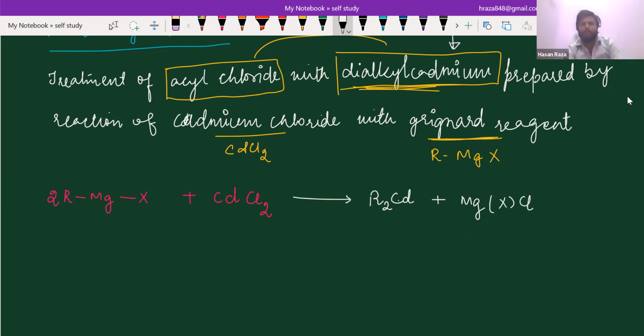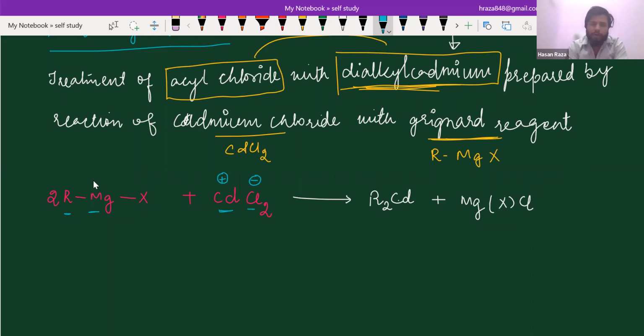How the product formation took place is very easy to understand. Cadmium is a metal, so it is electropositive, and Cl is electronegative. So negative charge will be here and positive charge here. In the same way for magnesium and carbon: R is an alkyl group, that means a carbon-containing group.